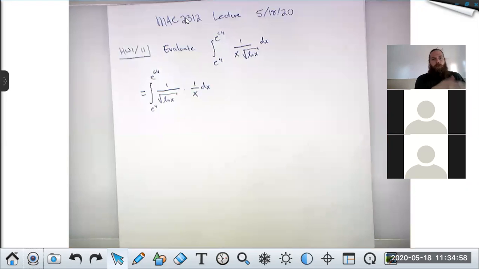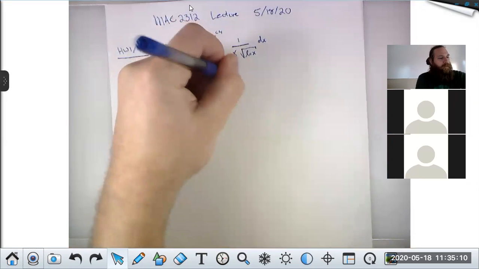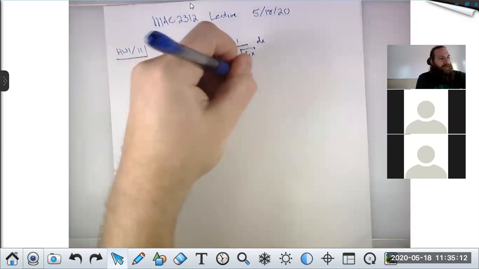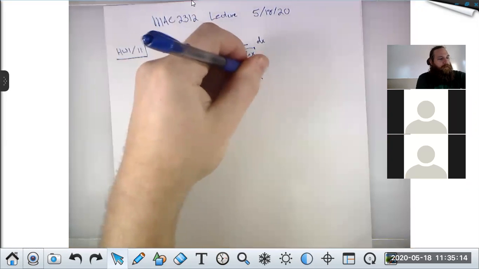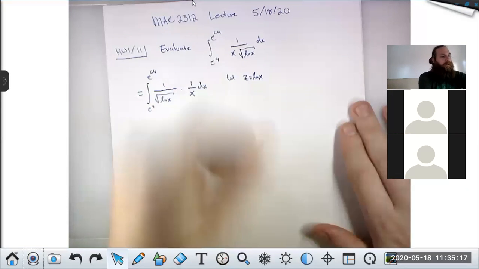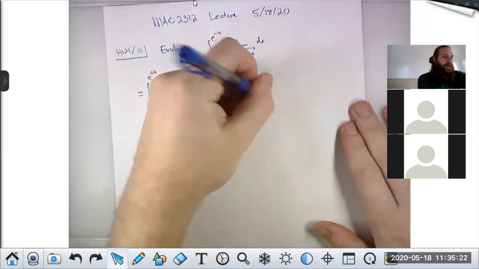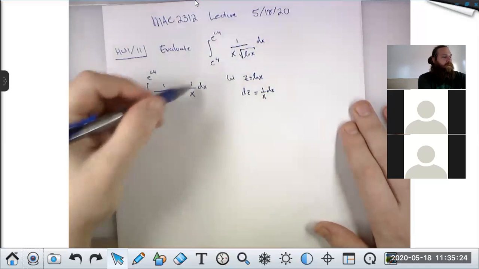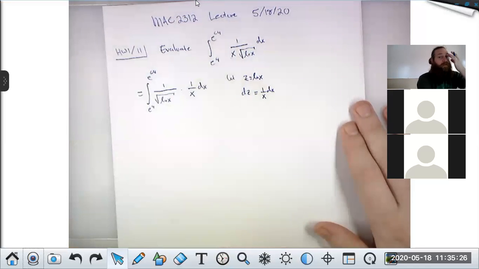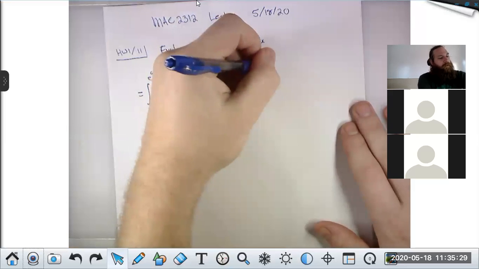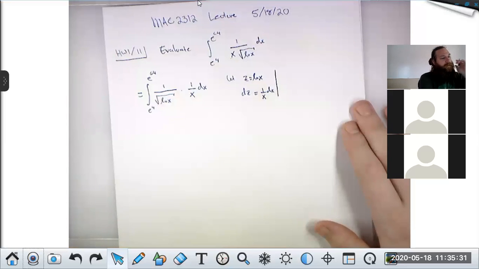If it was just 1 over the square root of u or 1 over the square root of z, I know how to handle that. And the 1 over x is exactly the piece that I need in order to substitute for ln x. So this is a substitution, and I'm going to let z be the natural log of x, which means dz is 1 over x dx, which is why having this 1 over x here is so nice. The other thing I need to do is, of course, change my limits.